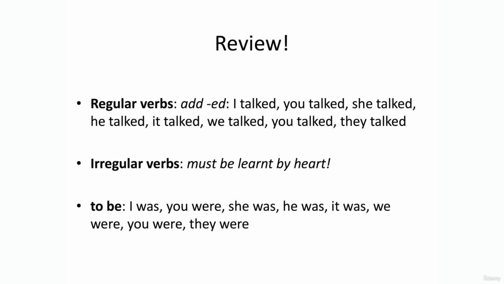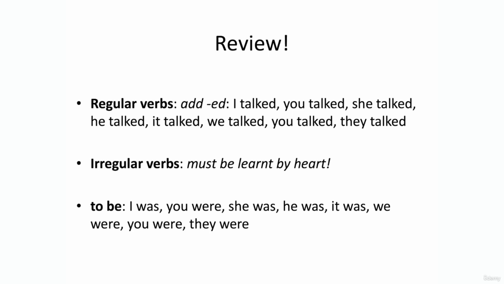To form the past simple of regular verbs, we simply add ed at the end of the infinitive form. I talked, you talked, she talked, he talked, it talked, we talked, you talked, they talked. For irregular verbs, the rule is they must be learned by heart.